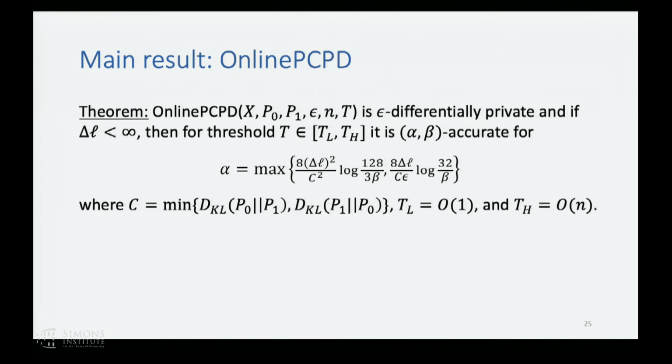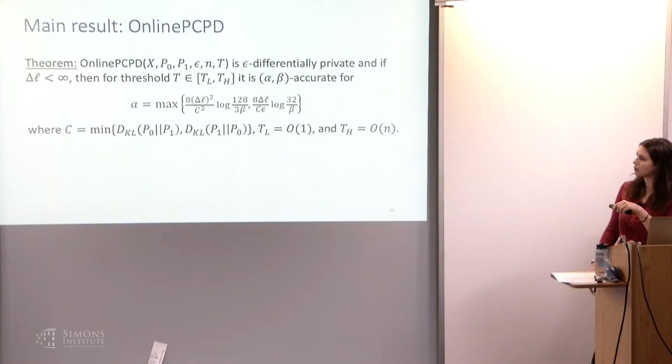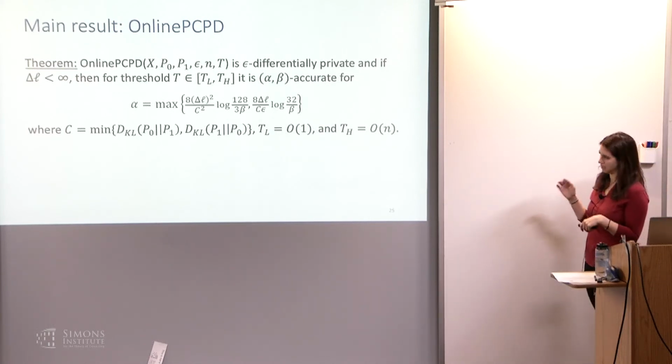Our C parameter is the same KL divergence. How do we choose these thresholds? In the paper, we have exact expressions of these. They are really big and really ugly, and if you think this is a bad expression, wait until you see our T's. But effectively, this is a constant, and this is something like order n, so you shouldn't be concerned about this being an empty set.